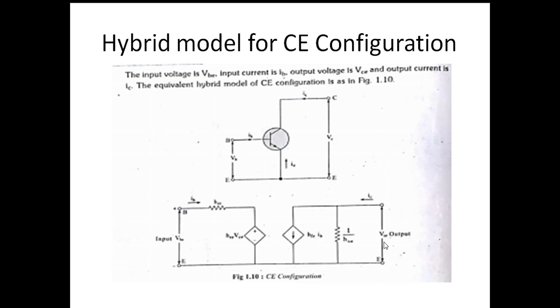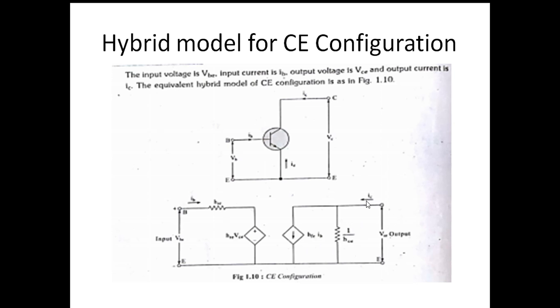VCE. Actually, here 1 by HOE represents the resistance, because instead of admittance we have shown it with a resistor. Therefore, it is taken as 1 by HOE. So, HOE VCE is one current, HFE IB is another current. These two currents are in parallel.